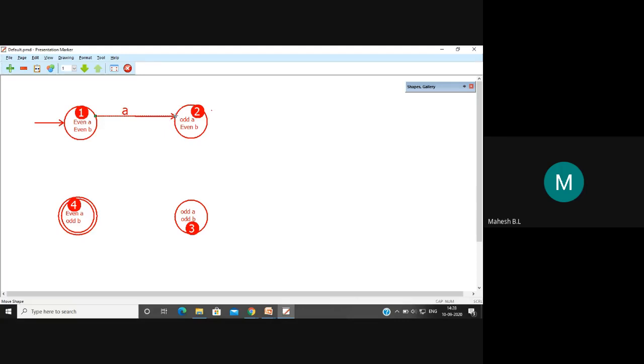The other transition is on symbol B. Let's say your DFSM is in state 1 and you encounter a B. To which state does your DFSM make a transition? Tell me.